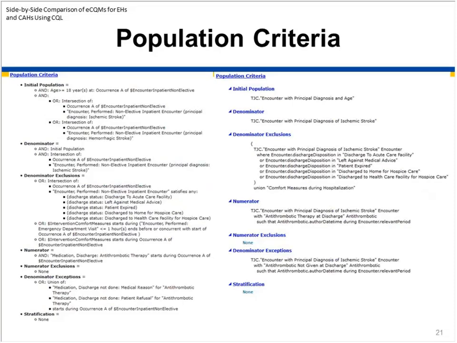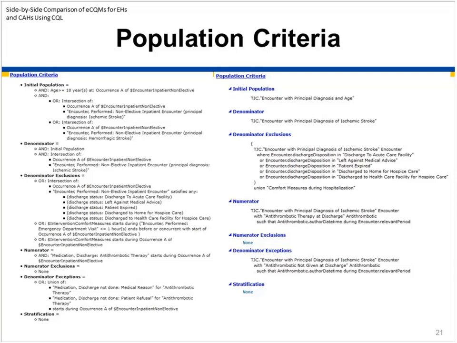So this is the human readable for the population criteria section. So you see we have all the same population criteria, all the same population types, initial populations here. And depending on the measure scoring, the same sets of populations will be available. There are a few new features, different formatting. You can expand and collapse if you want to navigate around a little bit there.